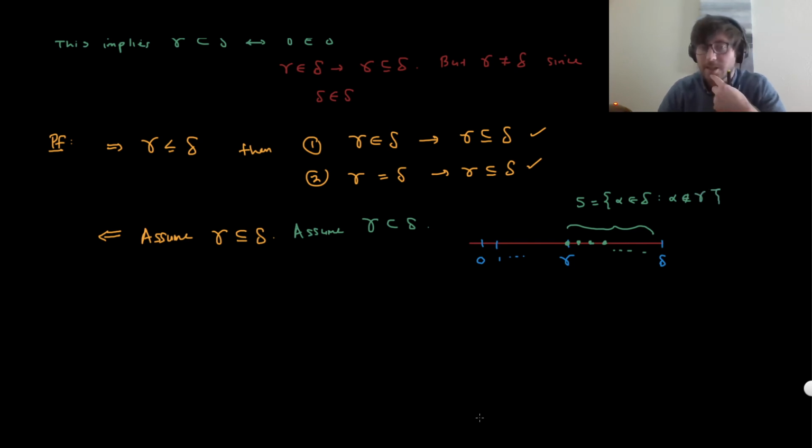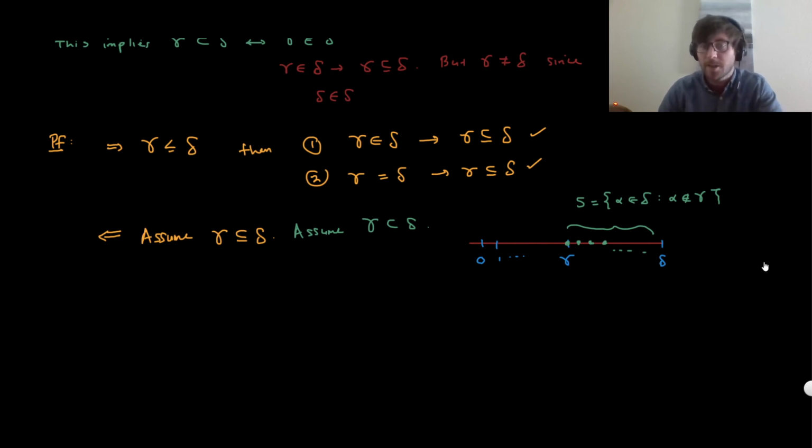Why is this the case? One way to think about this is, what is an ordinal? We talked about last time. An ordinal is the set of all ordinals that are elements of it. It's all the ordinals that come before. So if you were less than gamma, you would have to be an ordinal and an element of gamma. And so this collection of sets, all the stuff to the right, is just going to be everything that's not an element of gamma.